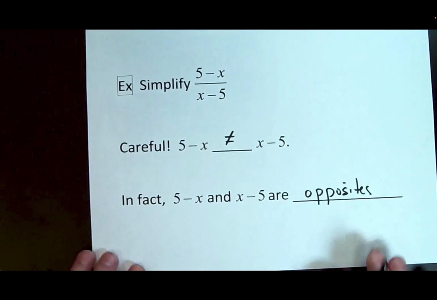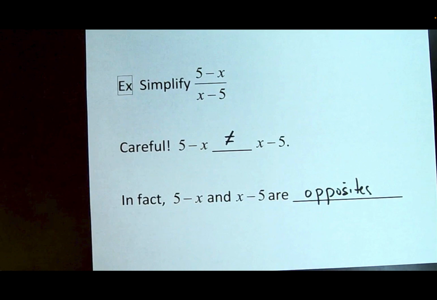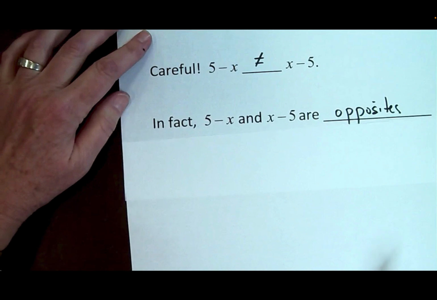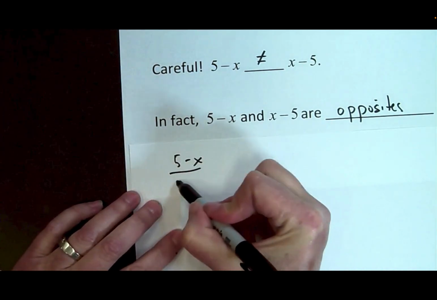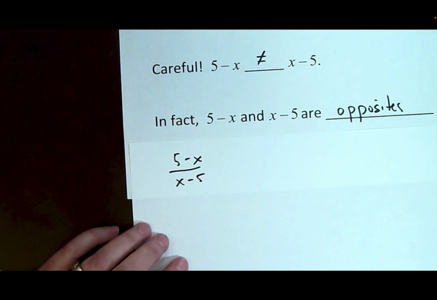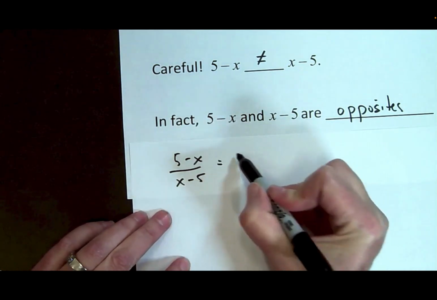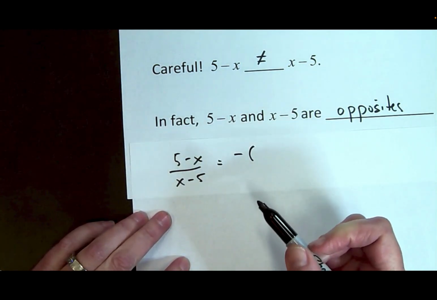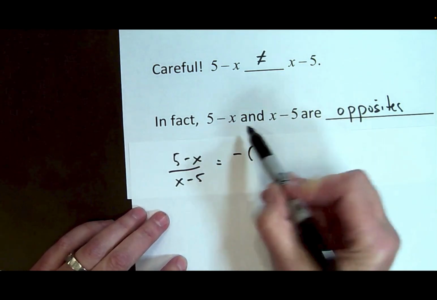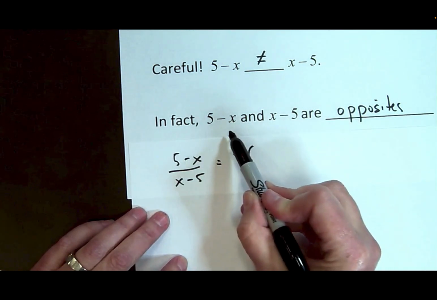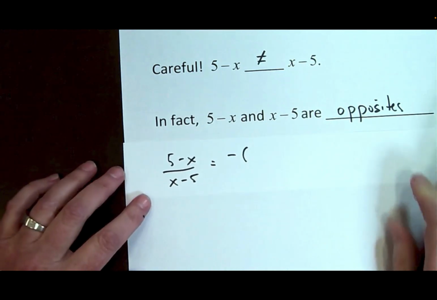So if I'm working on simplifying this fraction, I need to understand that it is not going to be a 1, but 5 minus x is the opposite of x minus 5. And I'm going to put in some steps, hopefully, to make sure you understand how x minus 5 and 5 minus x are opposites.